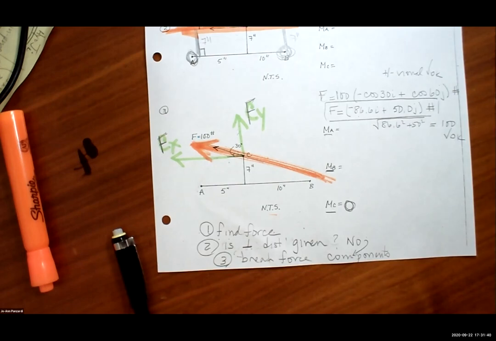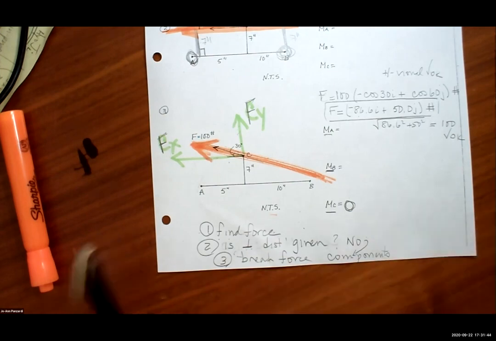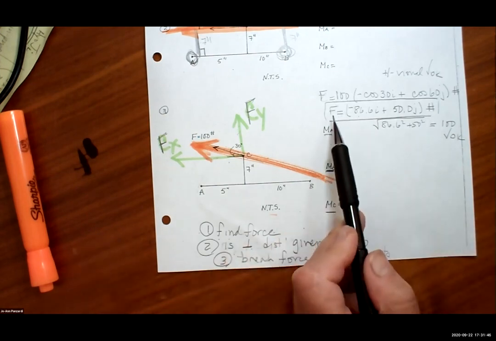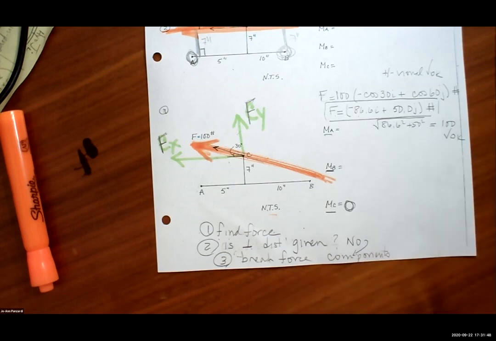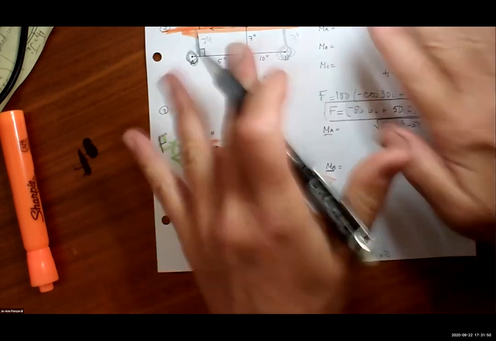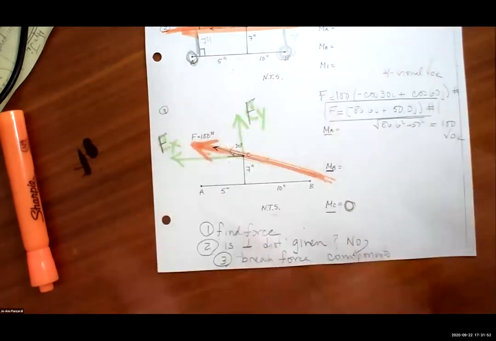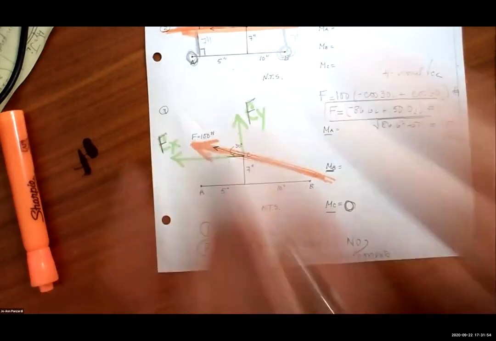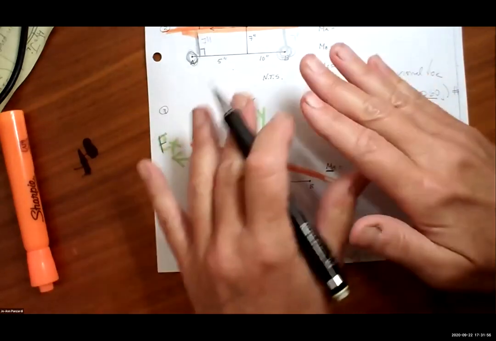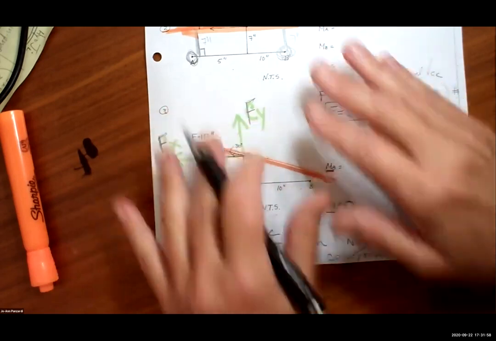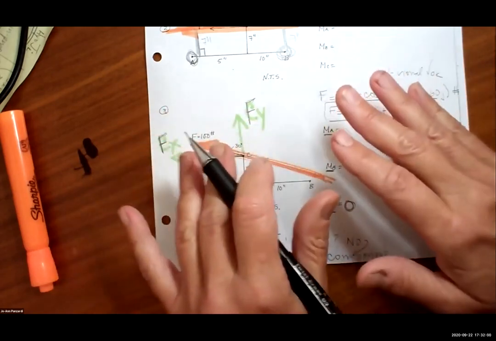Okay, so I'm going to stop for a moment. Is everybody with me? I first found the components, like we have always done, right? We did components before we did the resultants. We did the components before we did the statics problems.